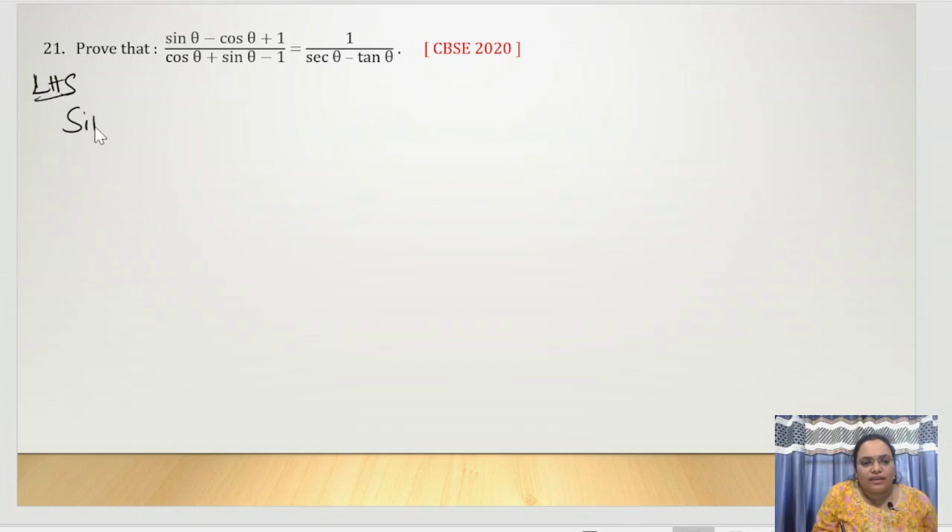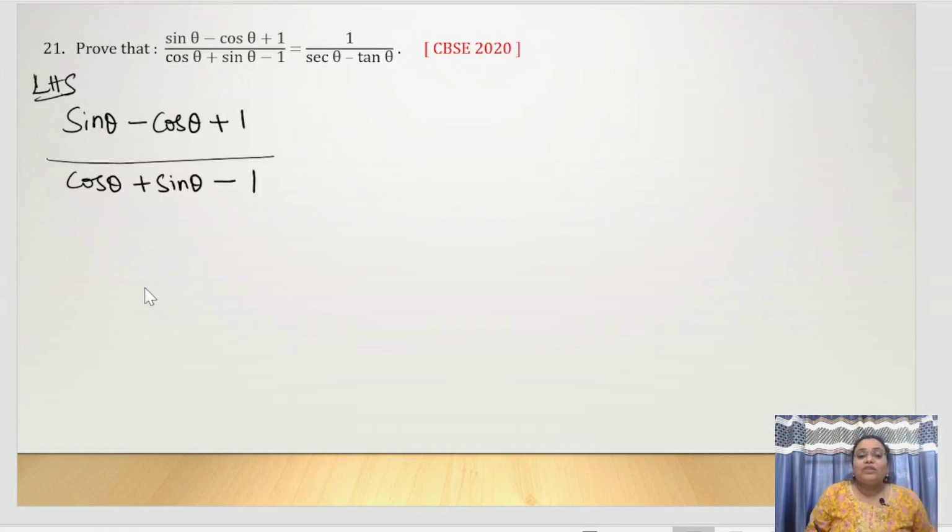LHS is (sin theta minus cos theta plus 1) divided by (cos theta plus sin theta minus 1). We need to prove 1 by (secant theta minus tan theta).